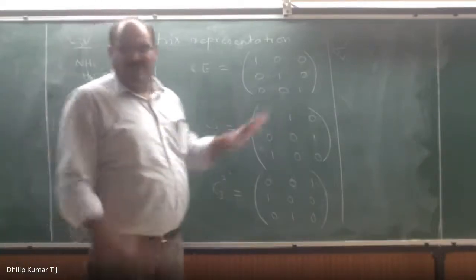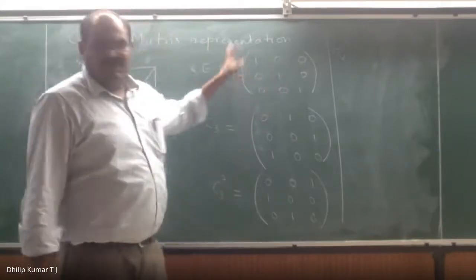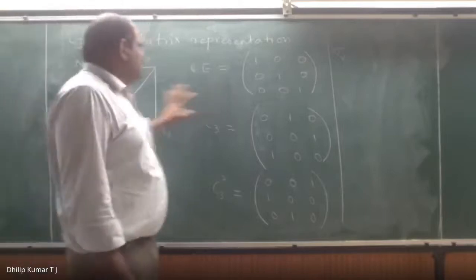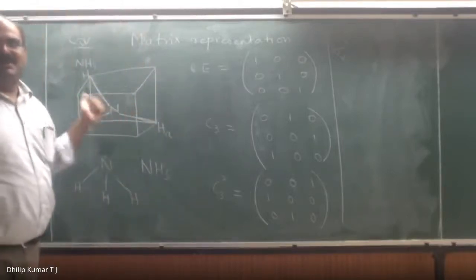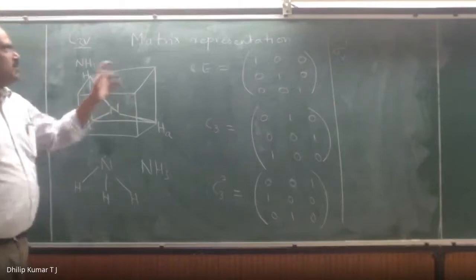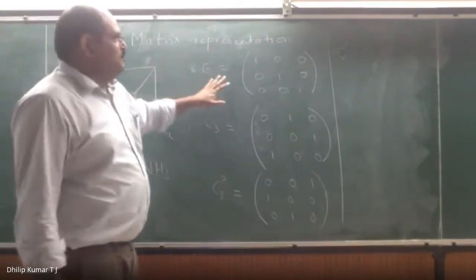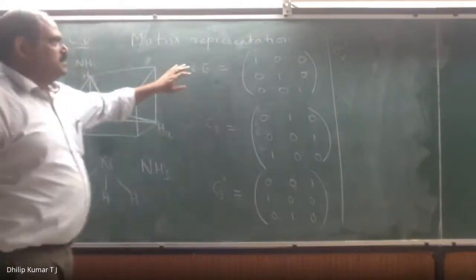So that is one way of representing, and that's why you saw negative signs in those matrices. Here in this case, what we are doing is rotating the atoms in the molecule by these operations, so that we are writing in terms of a matrix. So E is a symmetry operation, right?